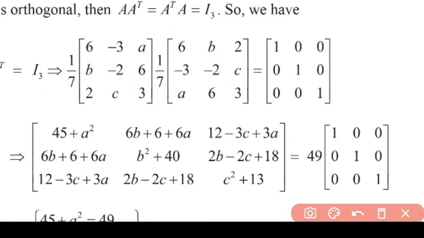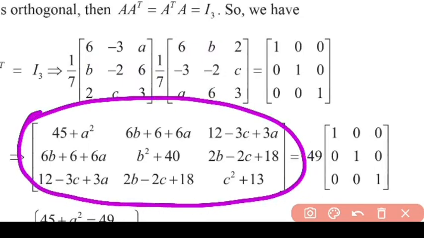Like that, this is normal matrix multiplication. Next it equals 49 into the matrix 1 0 0, 0 1 0, 0 0 1.